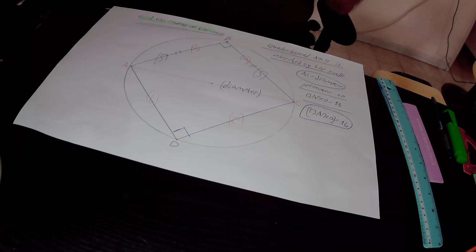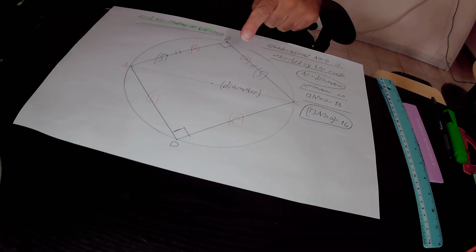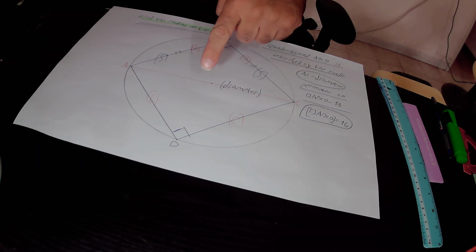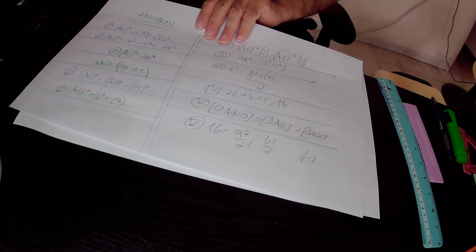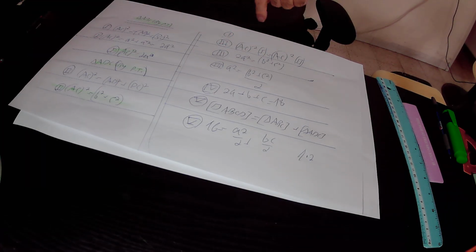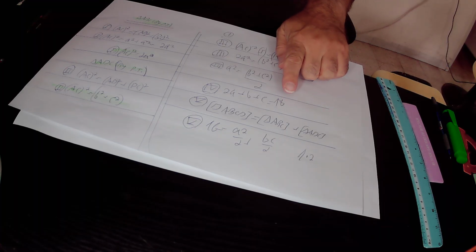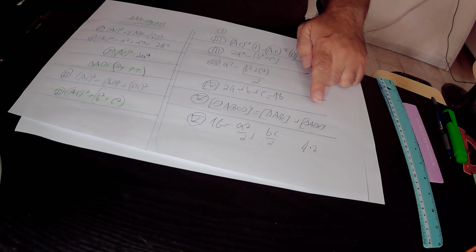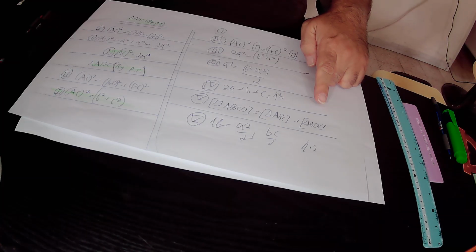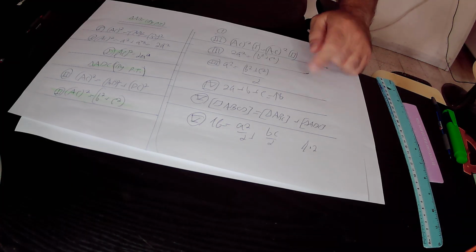That is to say, the area of quadrilateral ABCD equals the area of the right triangle ABC plus the area of the triangle ADC.